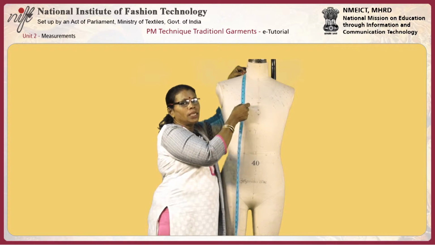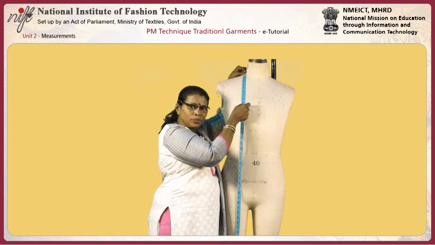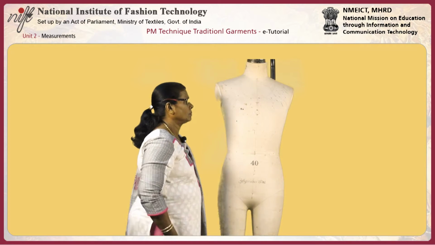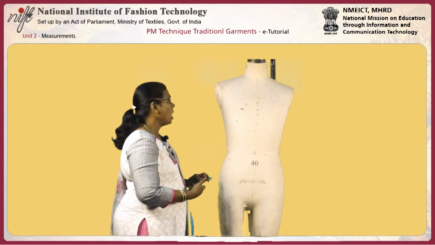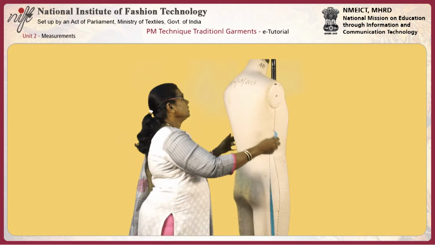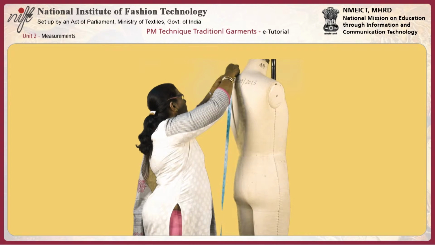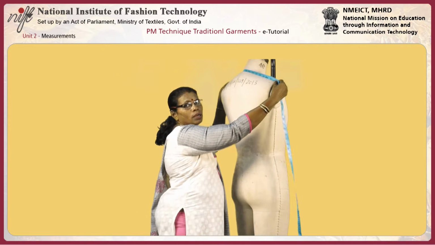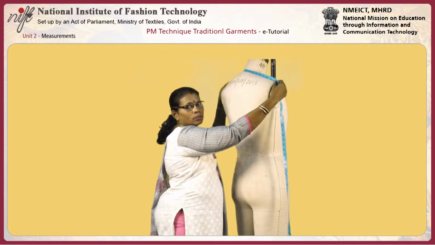Vertical measurement is called side depth or high point shoulder to chest level. Then across shoulder. For men, we can take the shoulder tip to shoulder tip, which is called across shoulder.